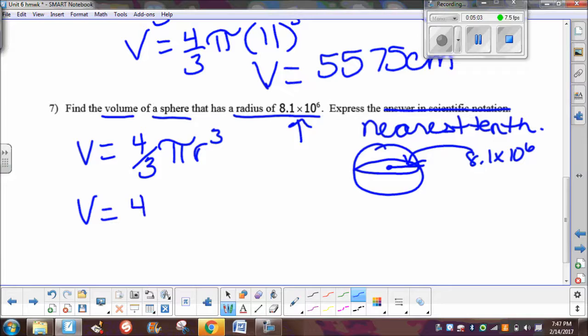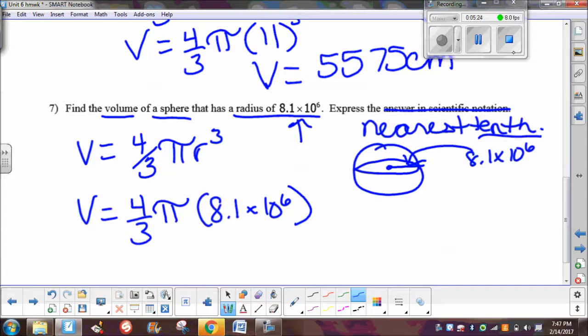Volume equals 4/3. We've got to use the pi key. And then my radius is 8.1 times 10 to the 6th power. Again, that's just a big number. You're going to enter it just exactly the way you see it. So you're going to type in 4/3 times pi times 8.1 times 10 raised to the 6th and hit enter. And then you're going to round to the nearest tenth. So go ahead, pause, and calculate.